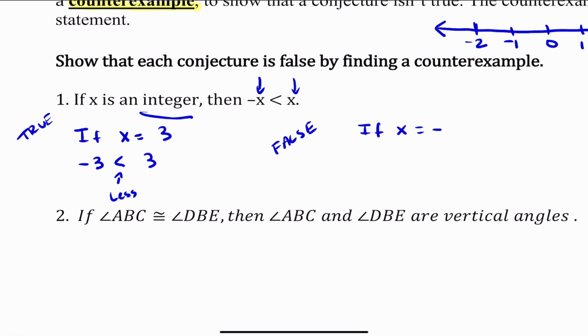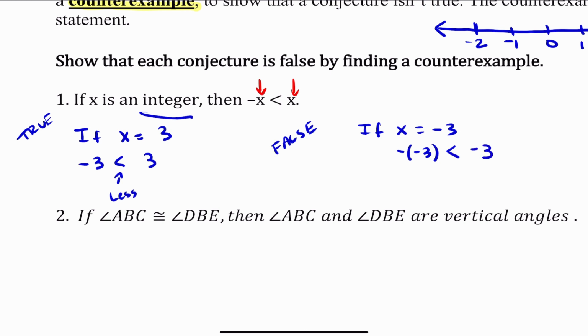if x is equal to -3, then I'm going to replace these x's and take into consideration the negative in -3. So if x is equal to -3, then negative times -3 is less than -3.